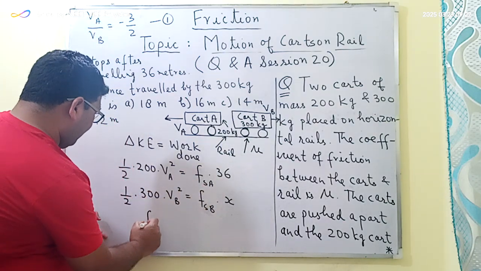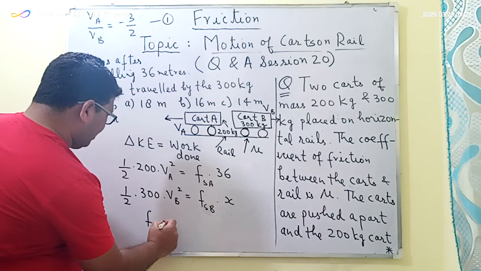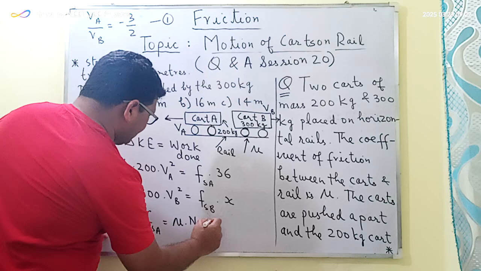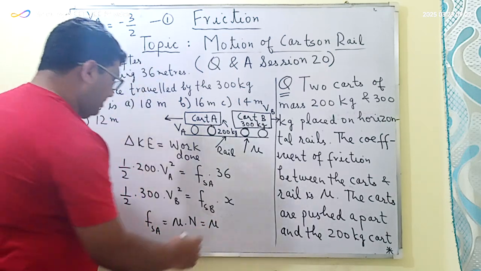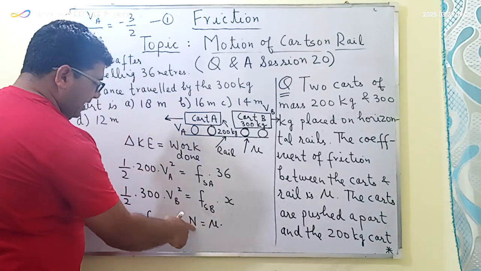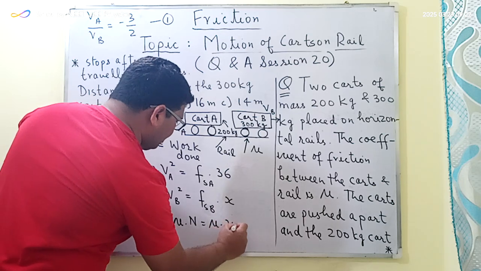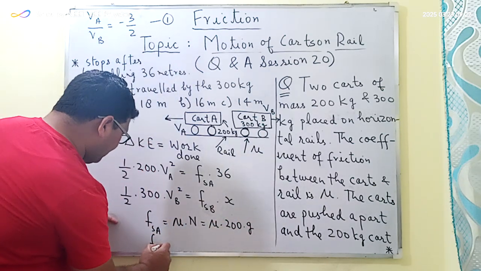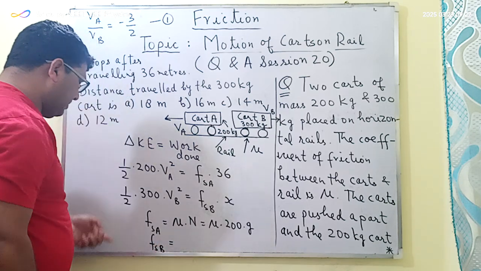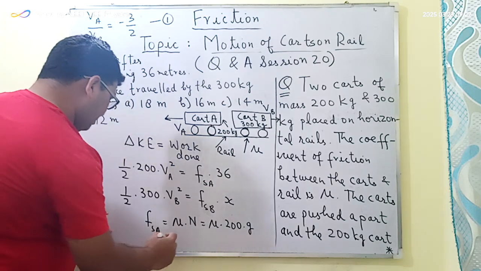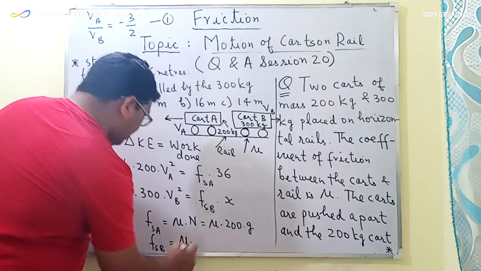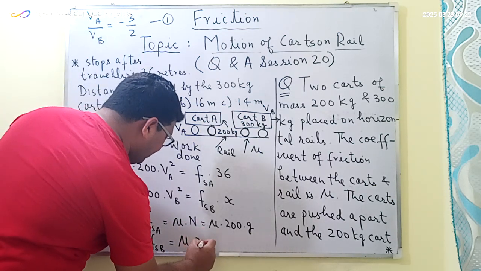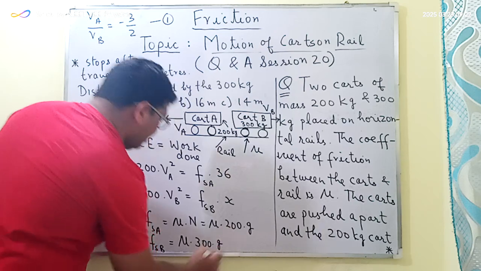FsA is equal to mu into N, where N is the normal reaction. N is equal to mg, which is 200 into g. And FsB is equal to mu into N, where N equals mg, which is 300 into g.